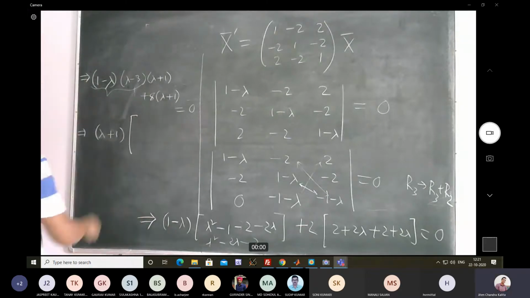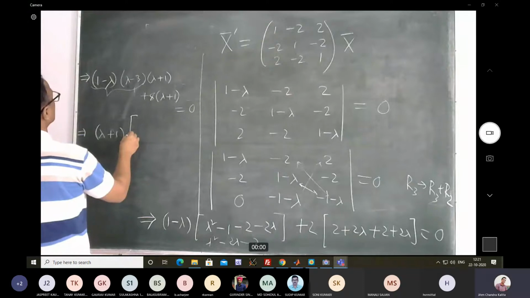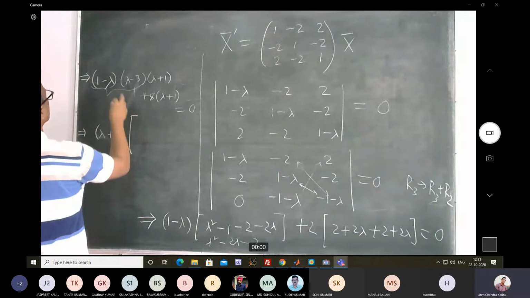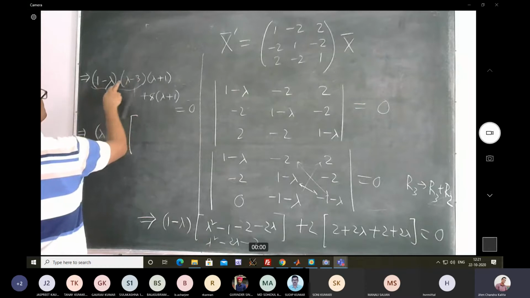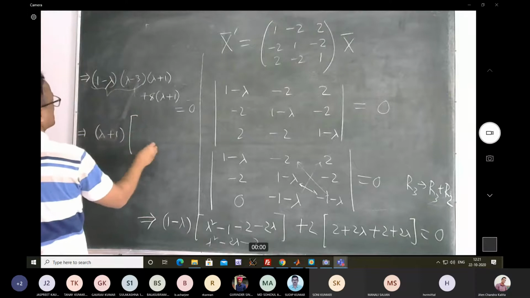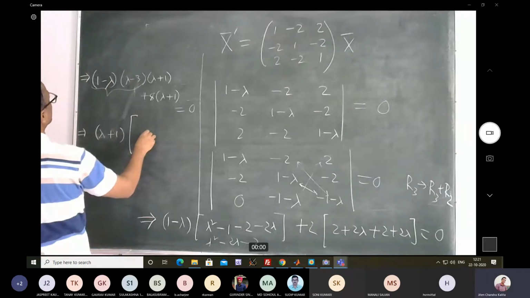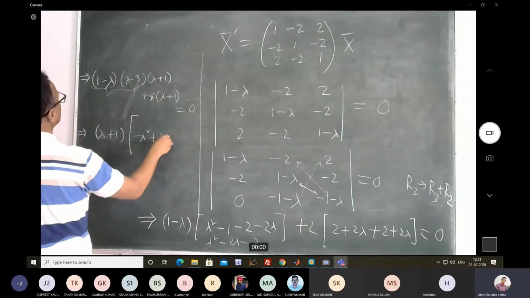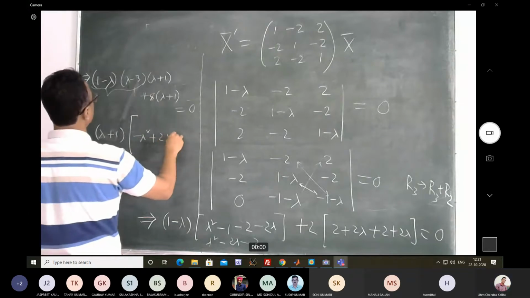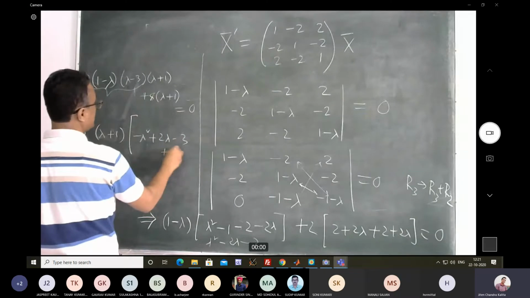Okay. So it is going to be minus 3. So it is plus 3 minus 1. It is going to be plus 2 lambda, right? Lambda squared plus 2 lambda minus 3 plus 6, I guess.